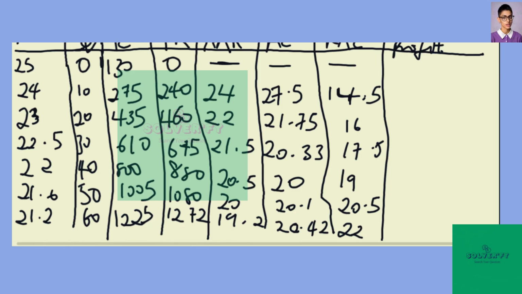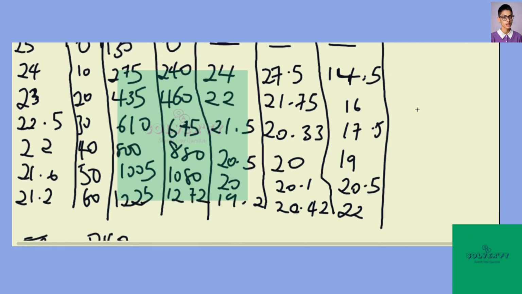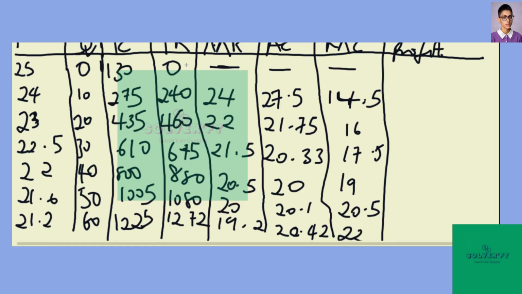If you're gaining more than you spend, the rest is always the profit. So total revenue minus total cost.